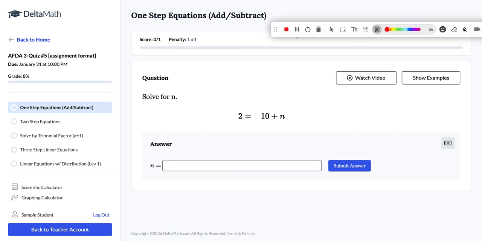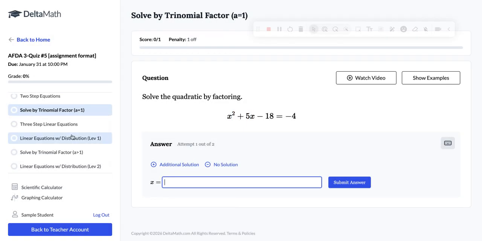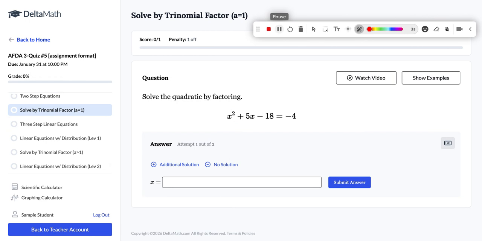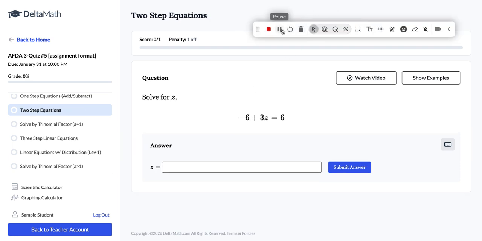This is linear because there's no exponent on that x. But this is quadratic because you see here, we've got an exponent of 2 on the x. So this one we do differently from something like this.